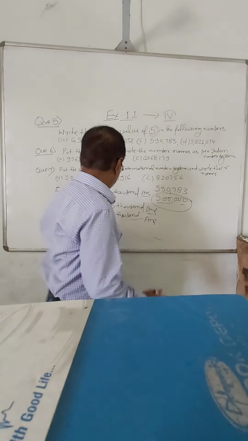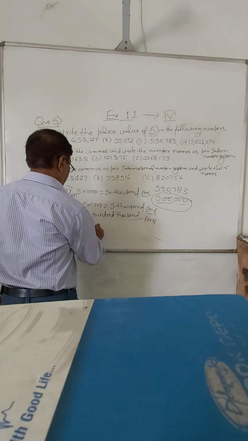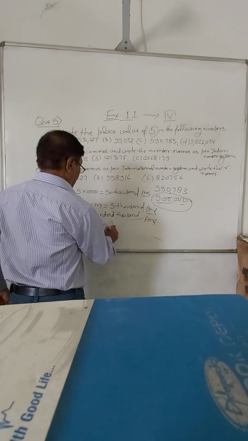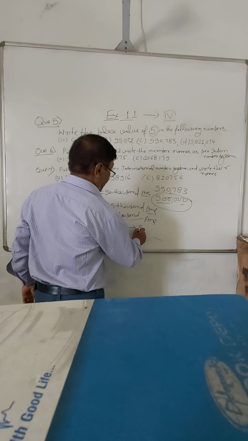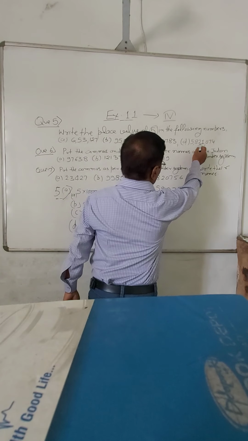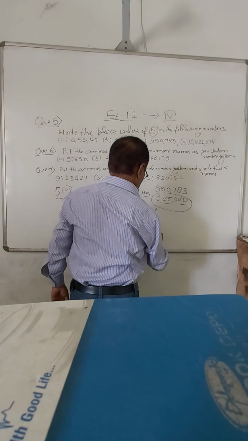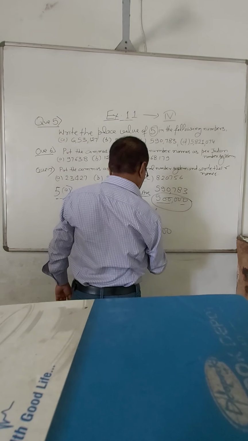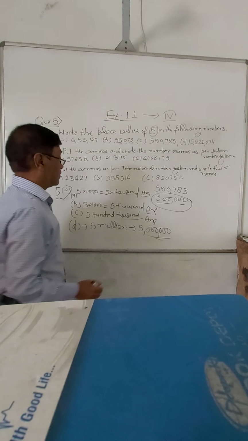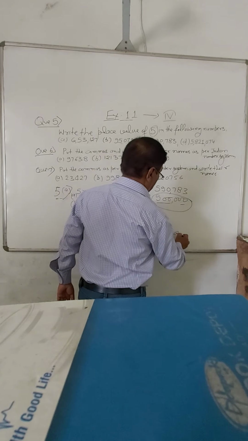So this will be 5 million. Or you can write 5 million में कितने जीरो? 6 जीरो. 1 2 3 4 5 6. So this will be the answer of the D question.